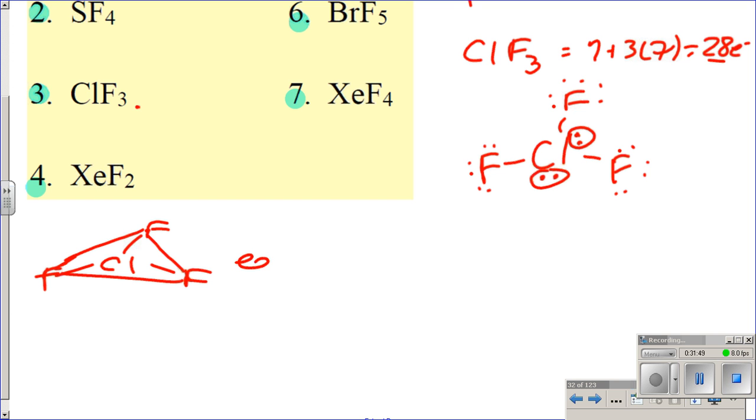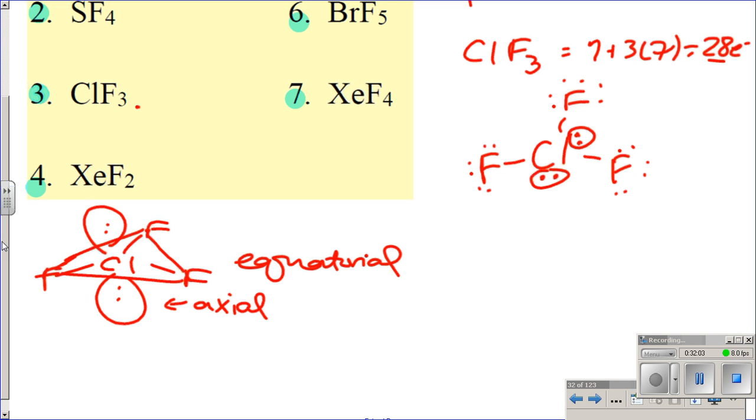And so those are all equatorial. And then let's see, is there a way we can put a lone pair here on top and a lone pair here on bottom? Yes, there is. So that's on the axial region. However, these lone pairs are at a 90-degree angle with everything, with all these fluorines, and that's not cool, okay? Those are at 90 degrees.